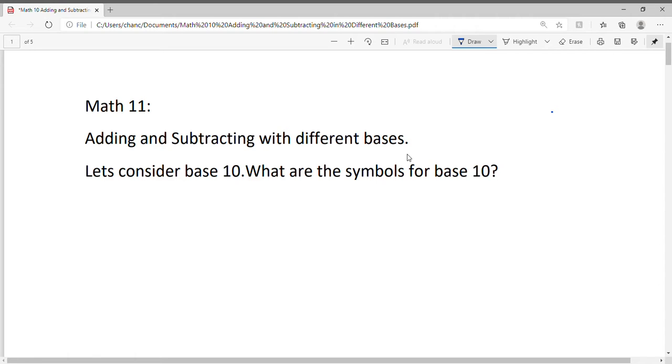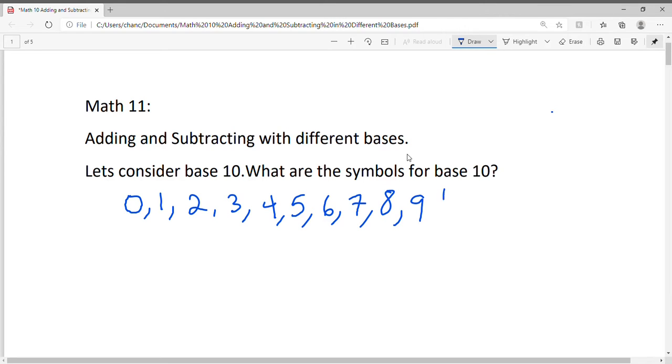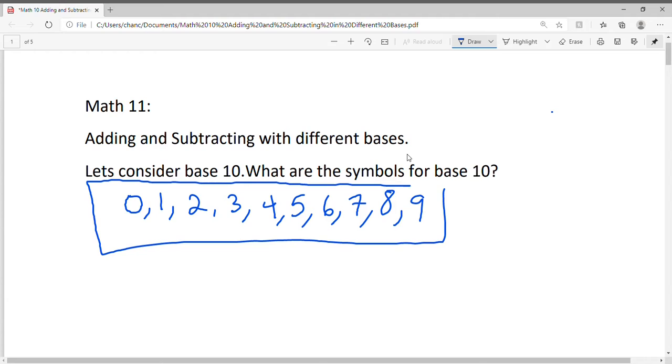Base 10 has the symbols 0, 1, 2, 3, 4, 5, 6, 7, 8, 9, and that's it.